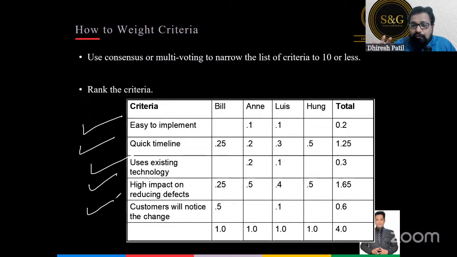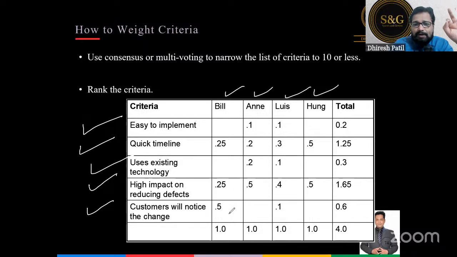Now, how do you weigh the criteria? There are 4 team members in the group: Bill, Annie, Louis, and Hung. Everybody is given 100 points, and they have to distribute those points among the criteria.